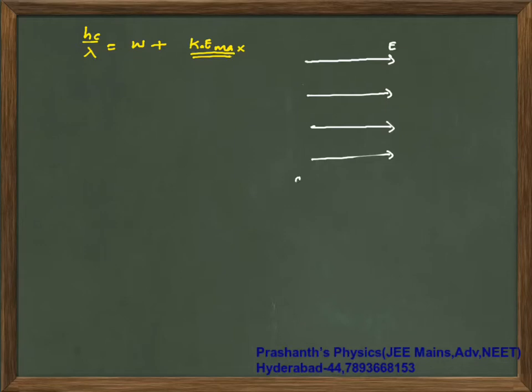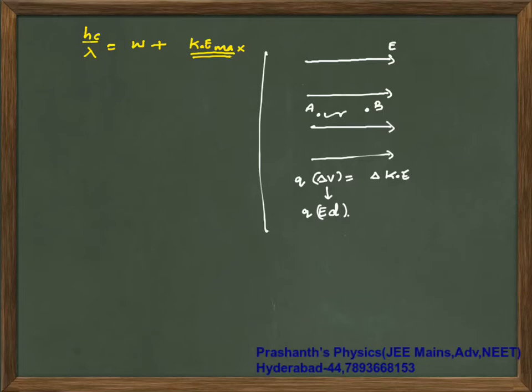Charge times potential difference is equal to change in kinetic energy. If you have learnt electrostatics properly, this potential difference can also be written as electric field times distance. If this is some point A and this is some point B, and your electron is moving between these 2 points, then Q times E into d will be equal to change in kinetic energy.